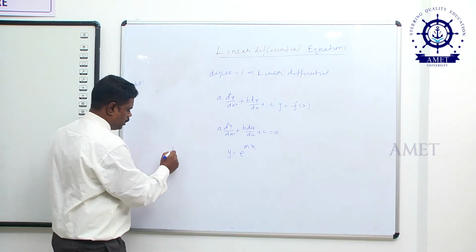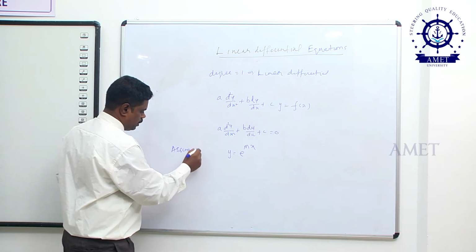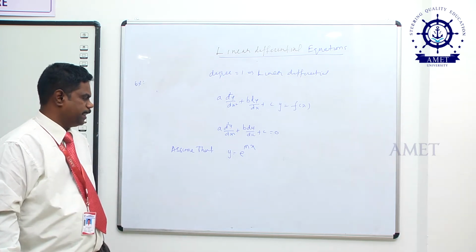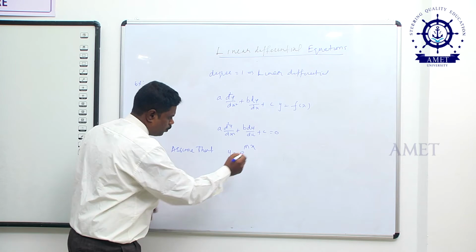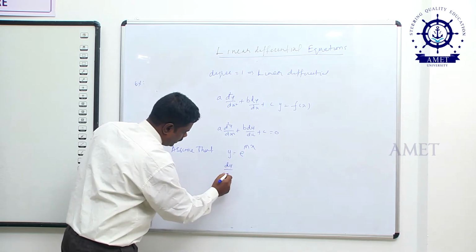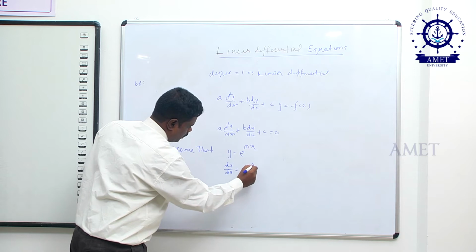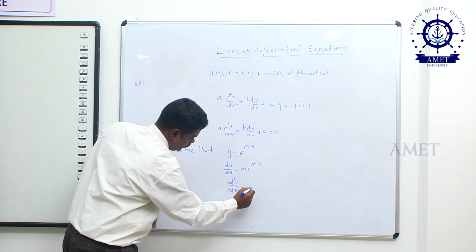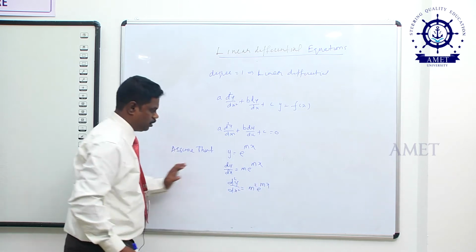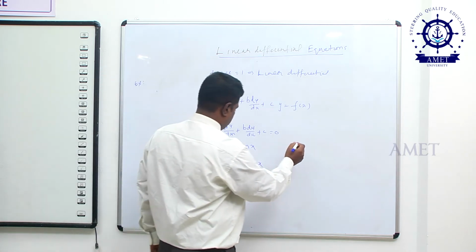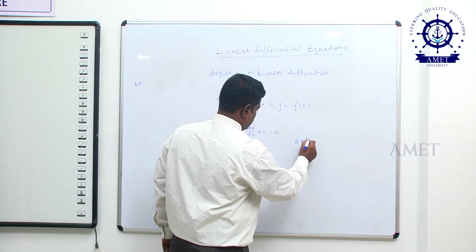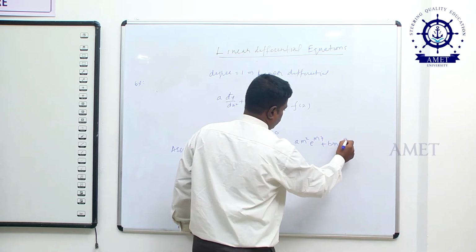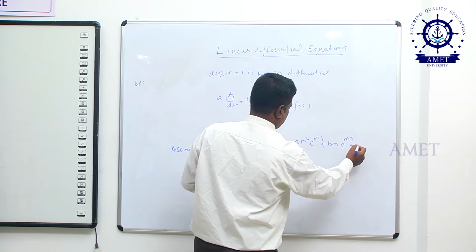We assume that the solution is y equal to e power mx. If y is equal to e power mx, then dy by dx is equal to m into e power mx, and d squared y by dx squared is equal to m squared into e power mx. When you substitute all the derivatives here, we get a m squared e power mx plus b m e power mx plus c e power mx is equal to what?